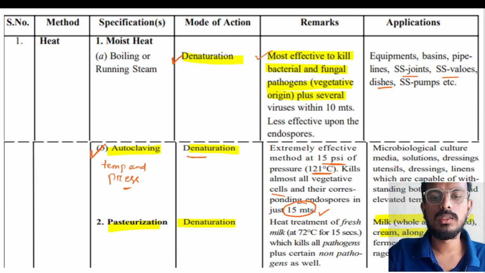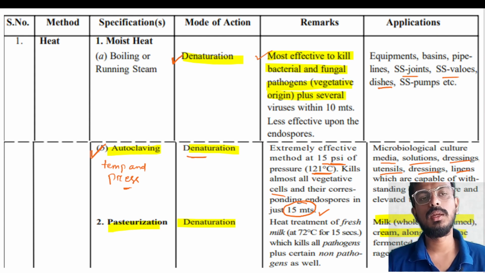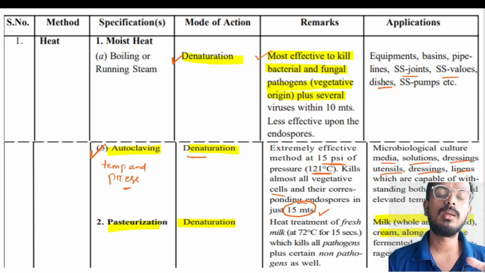This methodology is used for microbial culture media sterilization, solutions, dressings, utensils, and linens, which can stand the pressure and temperature generated in the autoclave.